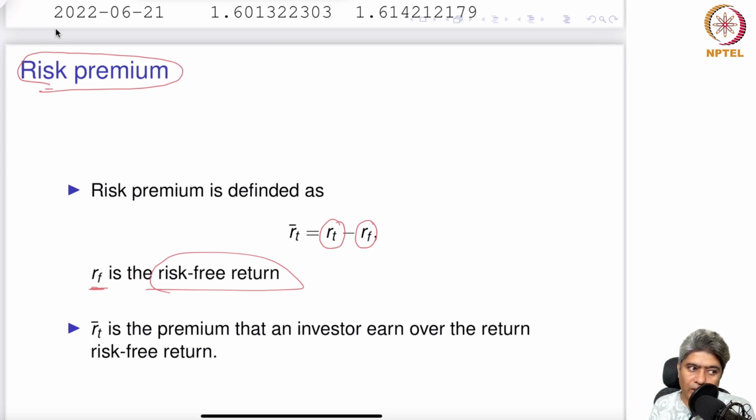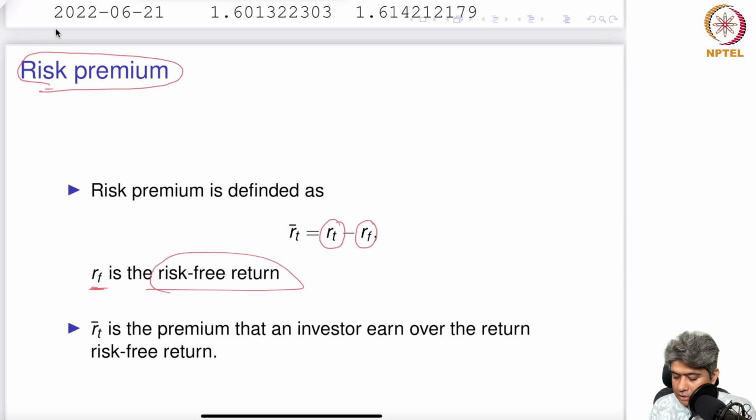If State Bank of India says that at the end of the time period I will give you 5% return, then this 5% annualized return is a guaranteed return. So naturally you would like to have that return if you want to completely avoid the risk, because most likely State Bank of India will not default on its promise.